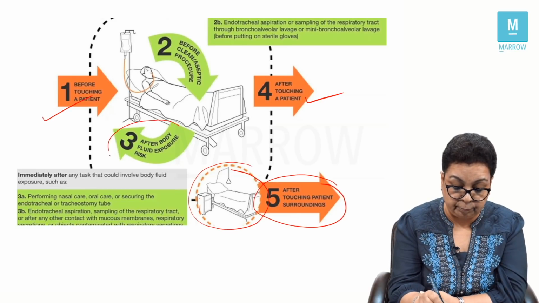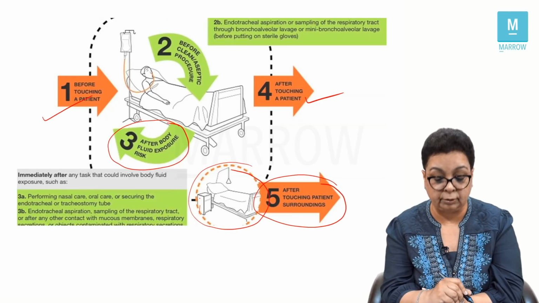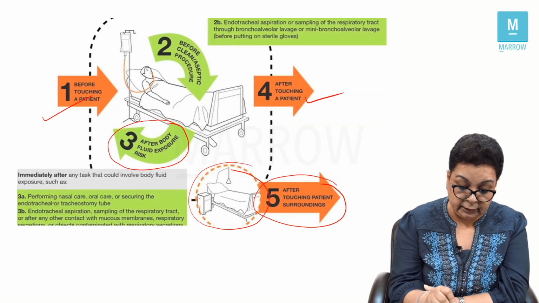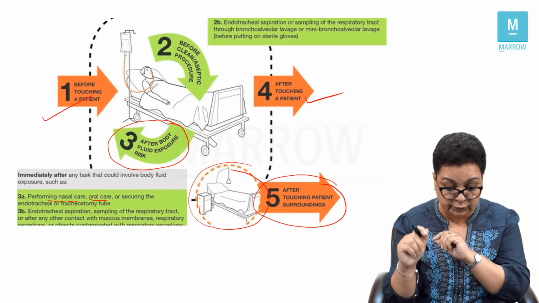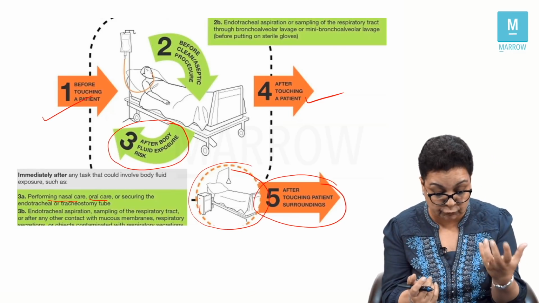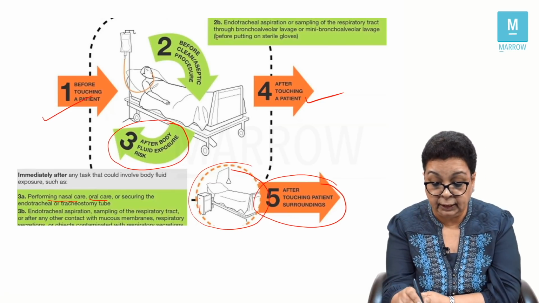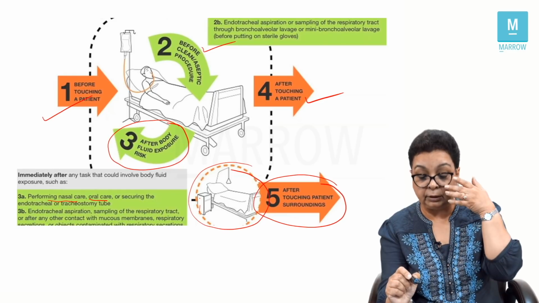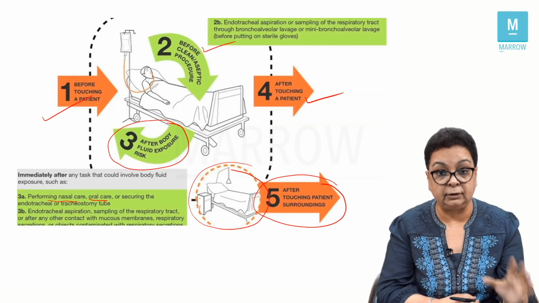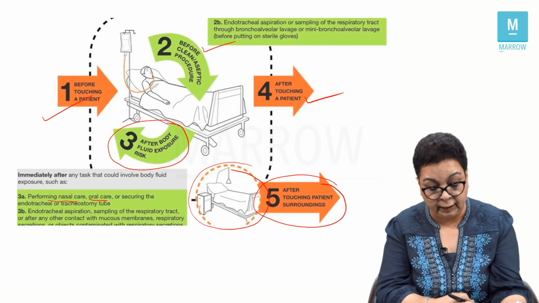Then after body fluid exposure risk, like when you're performing nasal care, oral care, securing the endotracheal or the tracheostomy tubes. And finally, before a clean or aseptic procedure. These are the 5 WHO moments of hand hygiene.